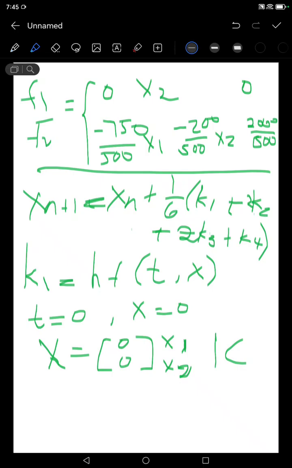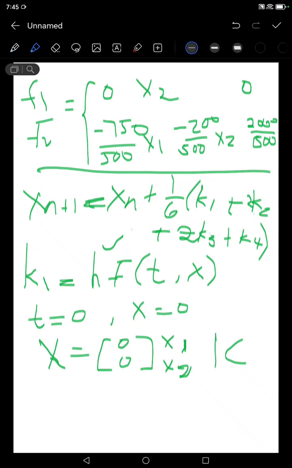Okay, now let's continue and calculate the value of k1. So now what we're going to do, we're going to start with the f, because remember we already have the h. h is the time that we're given divided by the steps. So it was 20 divided by 400, where we got 0.05.